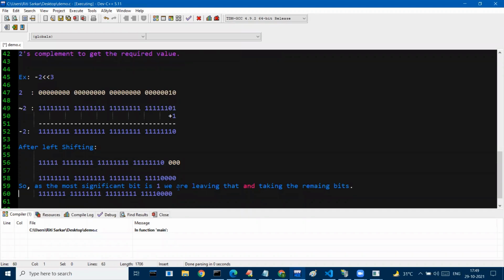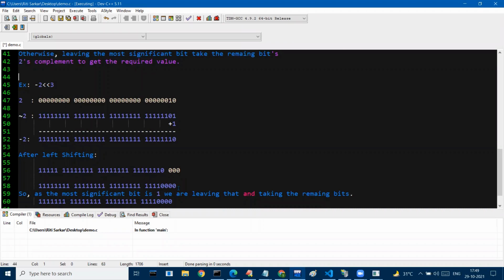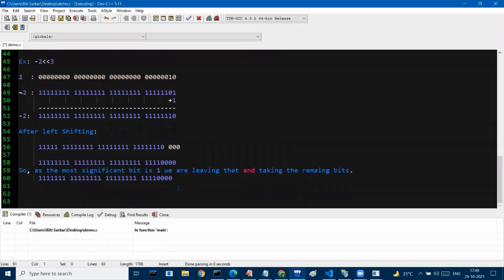Now, after taking the remaining bits, identify its 2's complement. To get the 2's complement, first I have to get the 1's complement, plus 1. That is nothing but the 2's complement.